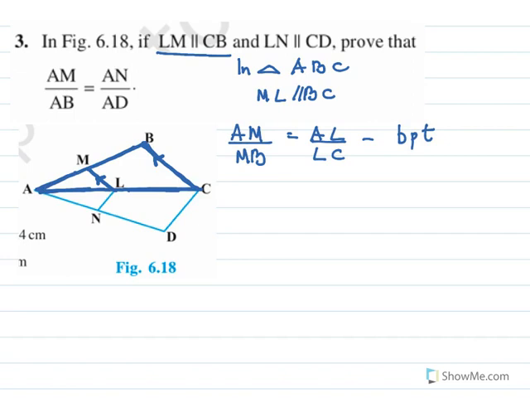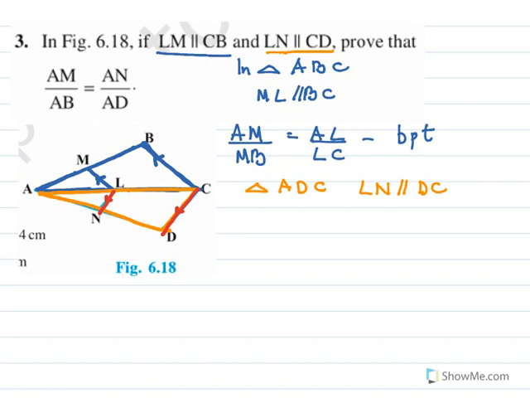Now for the next part, it is given LN is parallel to CD. So we are going to consider triangle ACD, and in this triangle it is given to us LN is parallel to CD. So we will use BPT here.